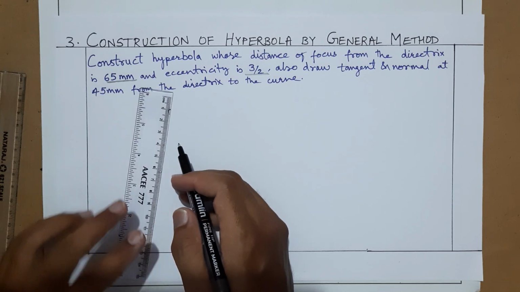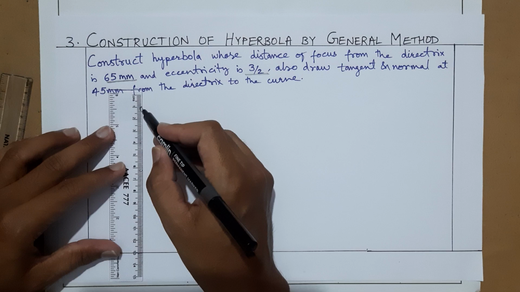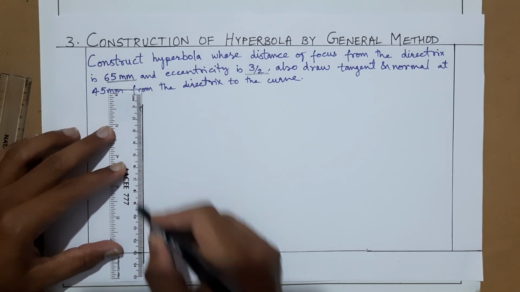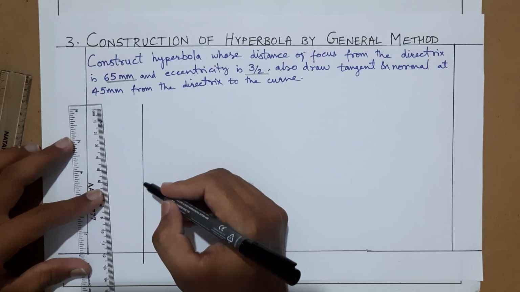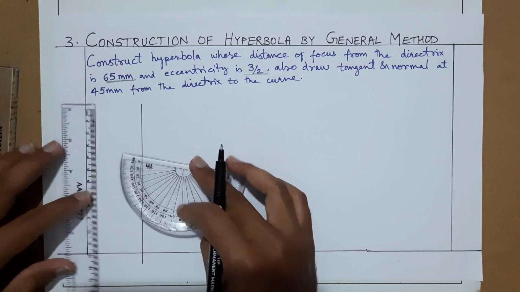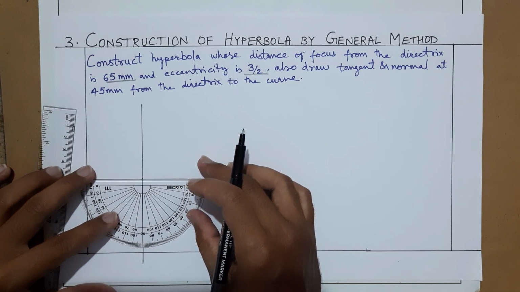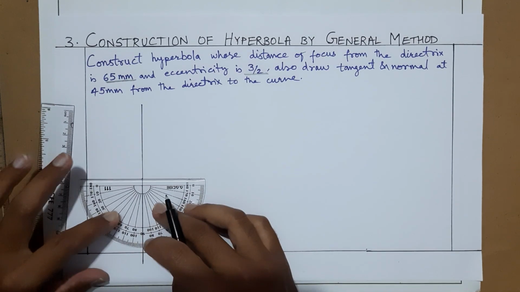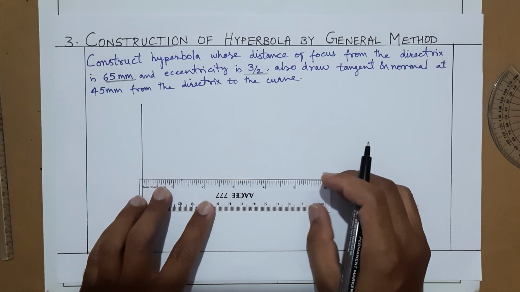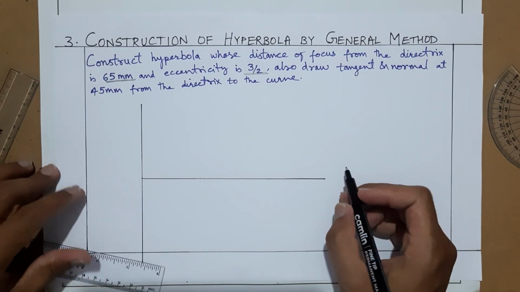First step is to draw the directrix. So we will draw directrix now. And select any point here and draw axis perpendicular to the directrix. It can be any length.